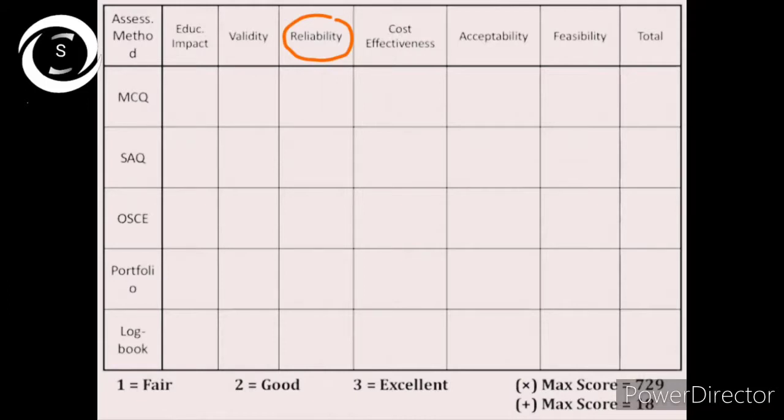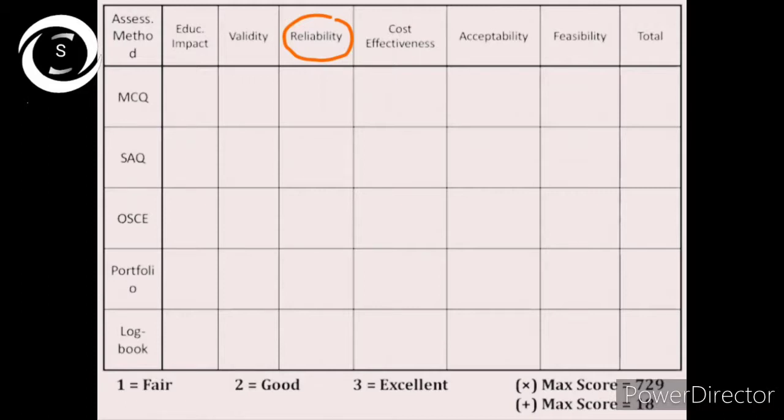So the test was again conducted, and again the student achieved similar marks. Like last time it was 70, and now he attained 65 or 75 marks. So it means that the test was reliable because the student achieved almost similar marks as compared to the previous one.